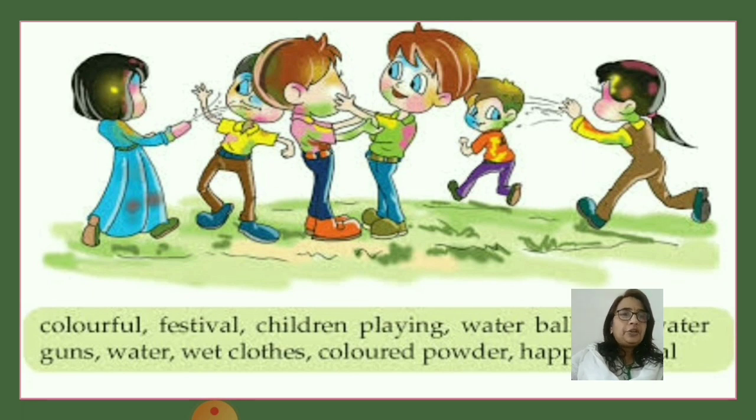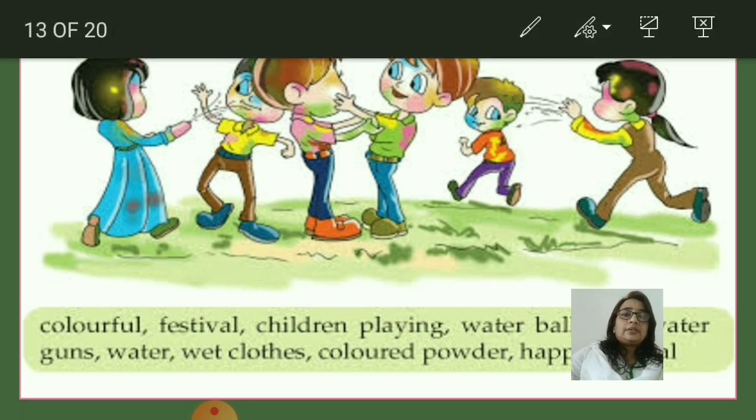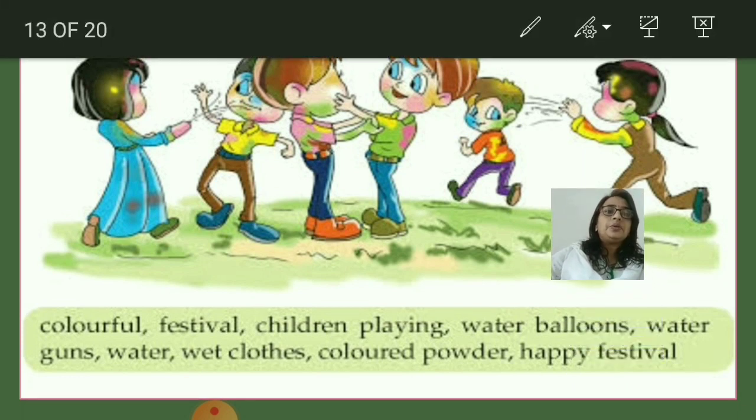And to make your work easy, I had already given you the keywords to write the composition. Just see below the picture: colorful, festival, children playing, water balloons, water guns, water, wet clothes, colored powder, and happy festival.